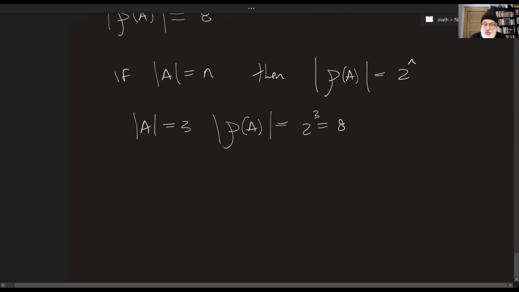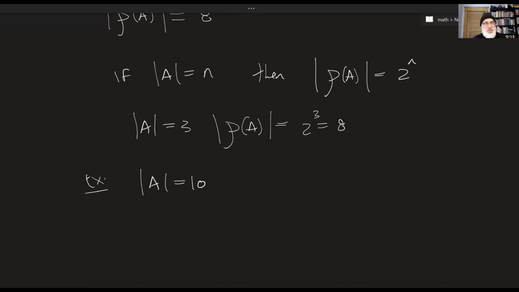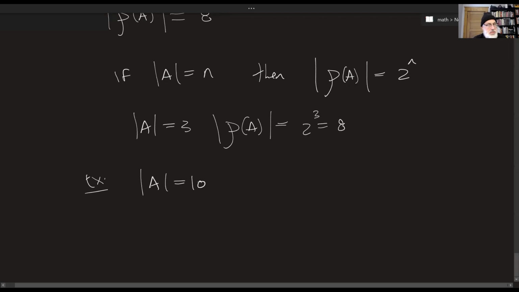Let's take something that perhaps doesn't look too big. Let's say A is a set and the cardinality of A is 10, meaning A has 10 elements in it. It could be 0 through 9, 1 through 10, the first 10 letters of the alphabet, whatever it is, it has 10 elements.